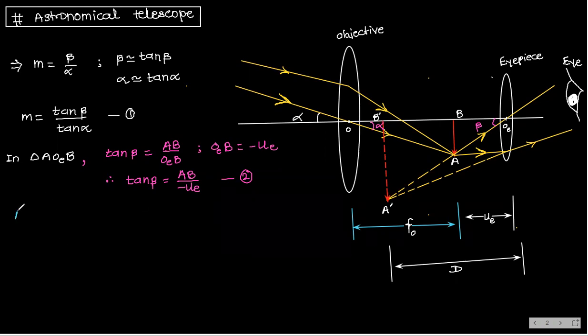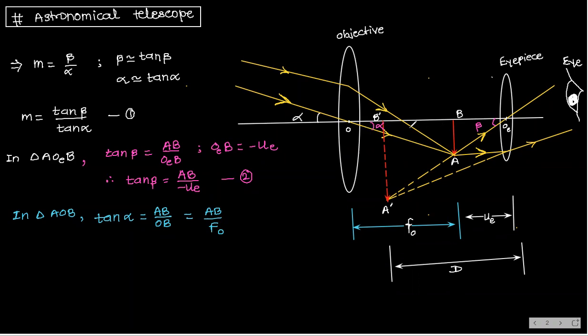So in triangle AOB, tan alpha is equal to AB by OB, and this is equal to AB divided by F naught.